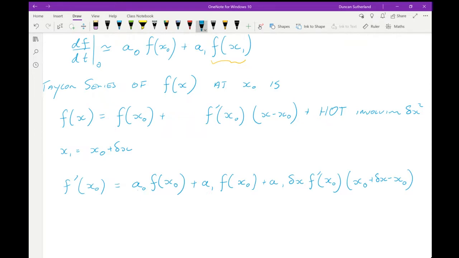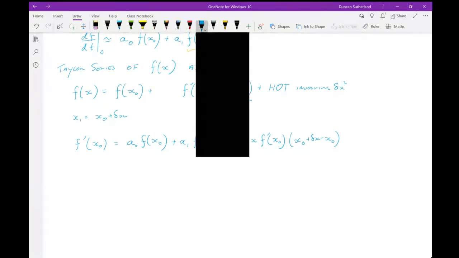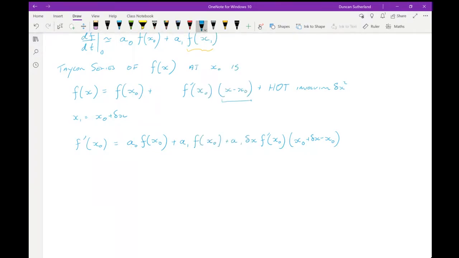Sorry, I made a mistake. I jumped ahead of myself, and there's no 2 factorial either. That's the delta x. Sorry about that. I jumped ahead because I knew that was going to be delta x. So that one goes there.